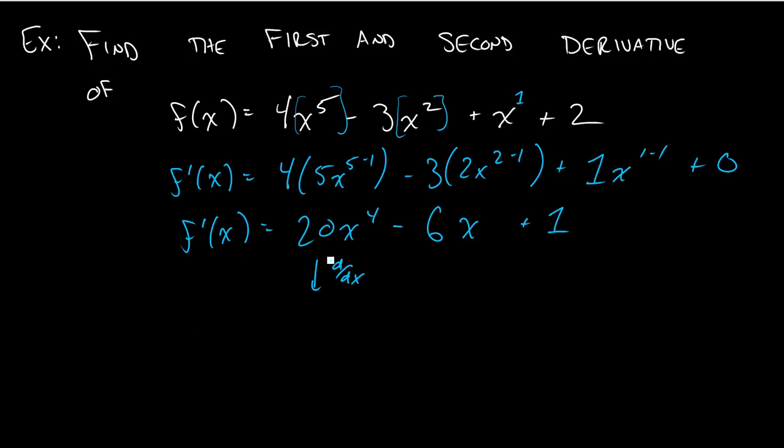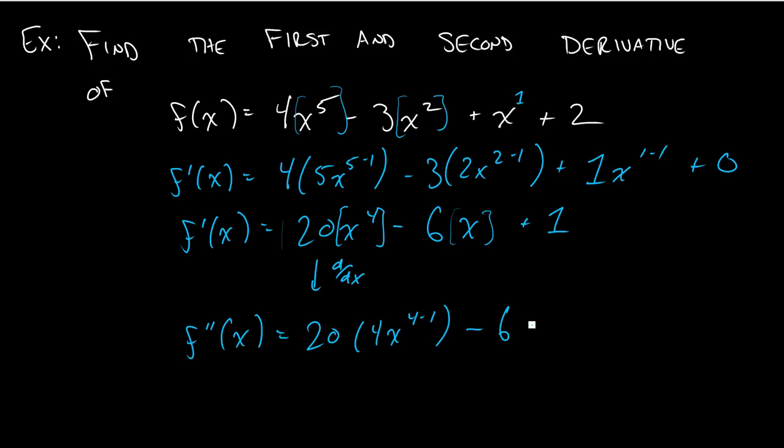So I'm just going to take the derivative of what's here, right? So f double prime of x is going to be, I'm going to set this off in brackets, set this off in brackets, so I'll get 20 times 4x to the 4 minus 1, minus 6 times 1, x to the 1 minus 1.